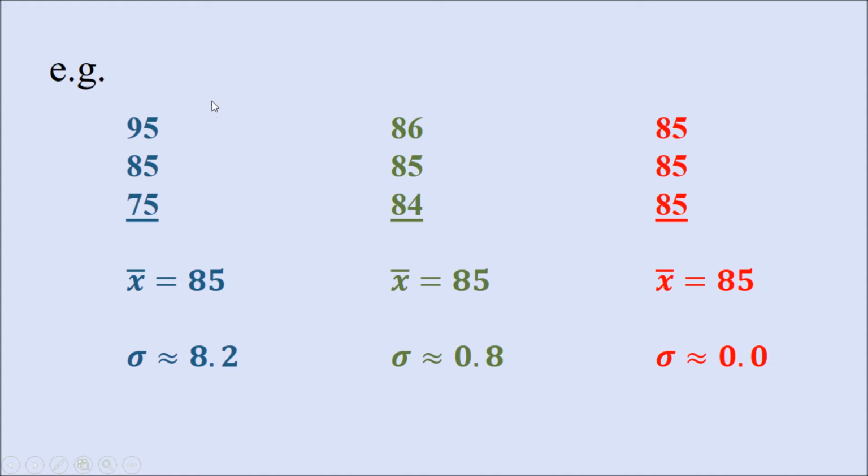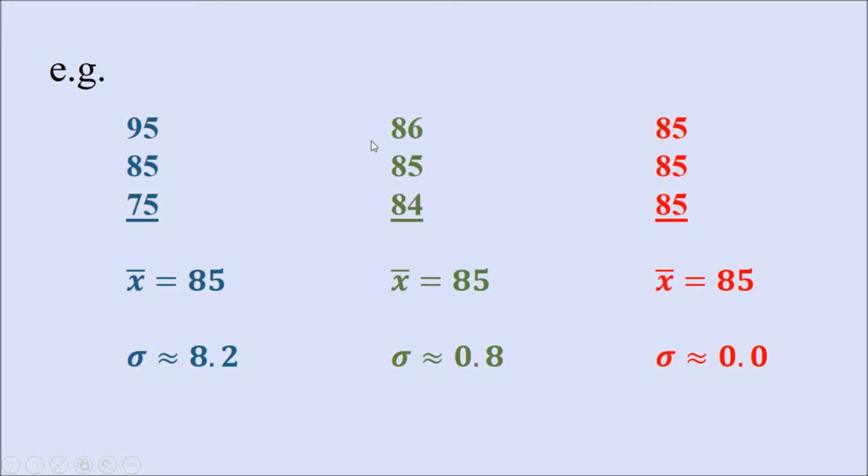Let's pretend we had 3 test scores for 3 different classes. In the first class, our test scores were 95, 85, 75. The median would be 85, it's the middle number. The average x bar is also 85, but the standard deviation is 8.2 when you compute it.